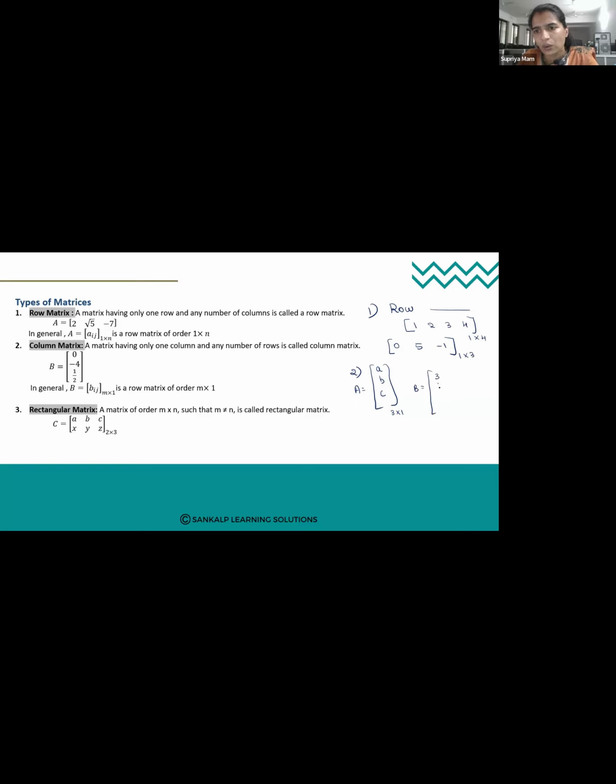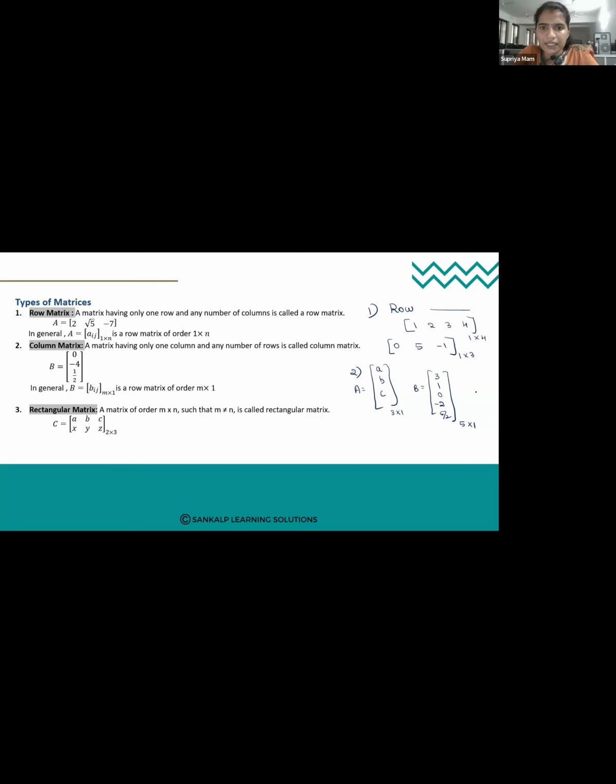Another example: 3, 1, 0, -2, 5 by 1. There are 5 rows, single column. Order of the matrix is 5 by 1. Matrix consisting of single column, hence known as column matrix. You understood the concept, right?